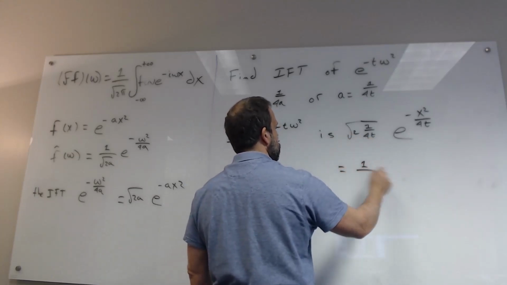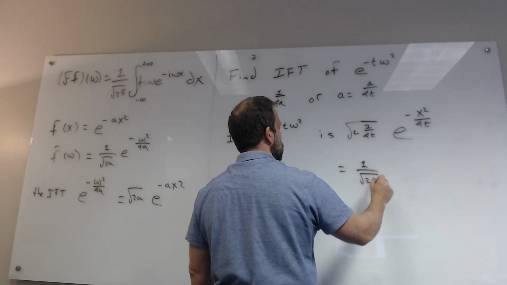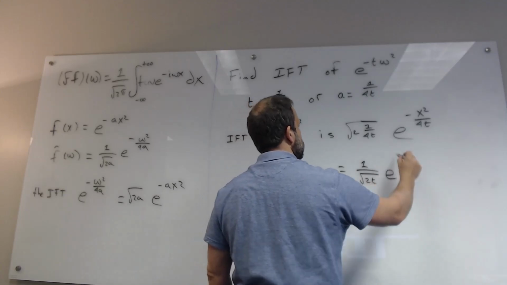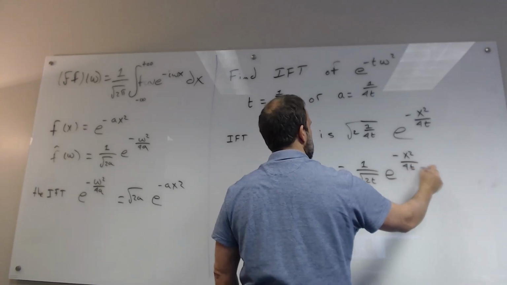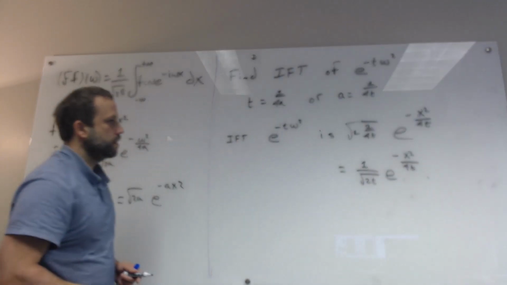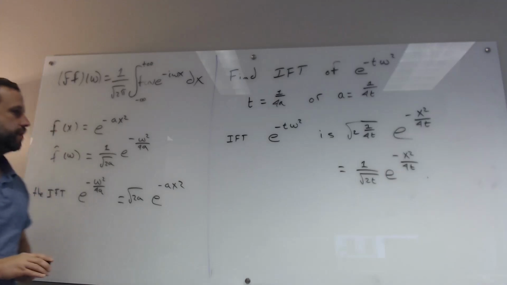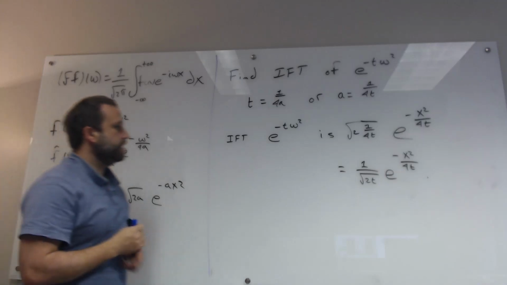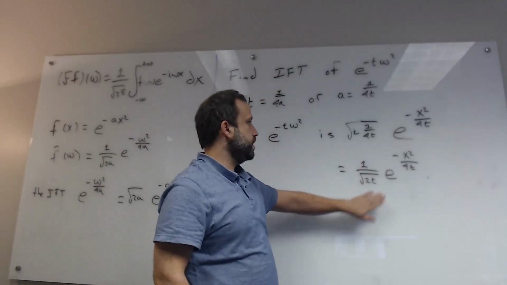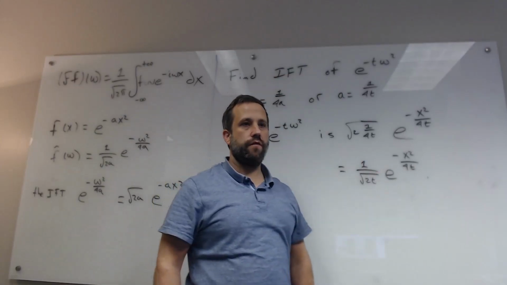So this is 1 over the square root of 2t times e to the minus x squared over 4t. Okay, so that's what we have. The inverse Fourier transform of e to the minus t omega squared is equal to 1 over the square root of 2t times e to the minus x squared over 4t.